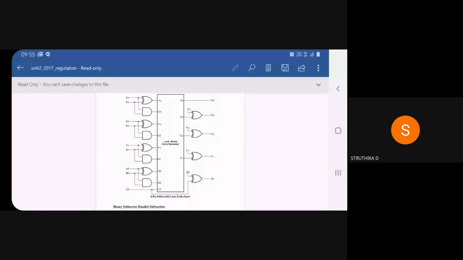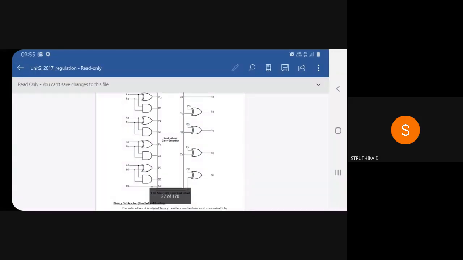So it will generate the carry for each bit automatically according to the logic circuit, and it will produce the carry for all the 4 bits parallelly, and produce the result by adding with the carry. So this is nothing but carry look ahead adder.